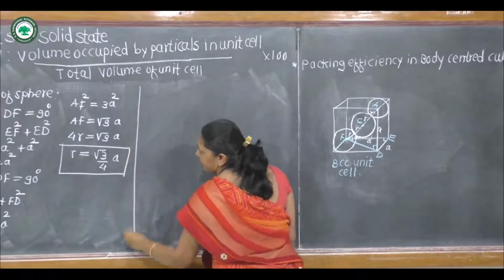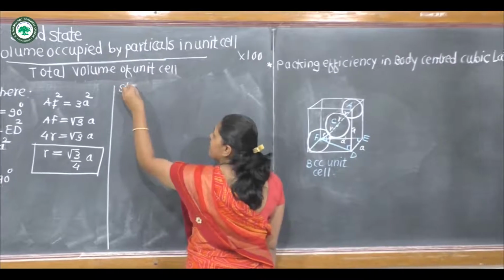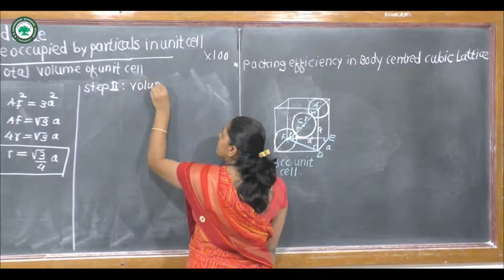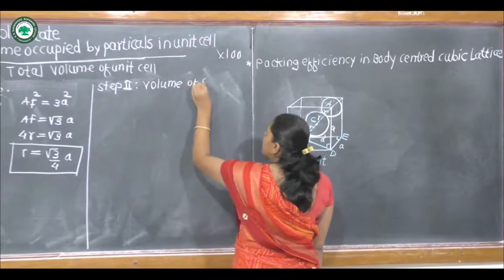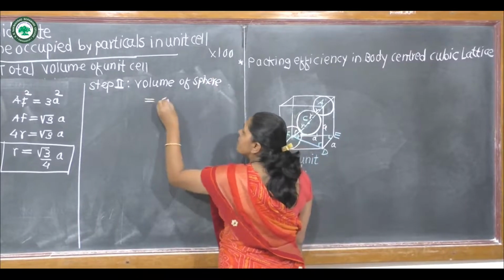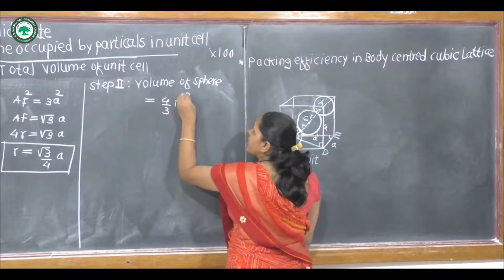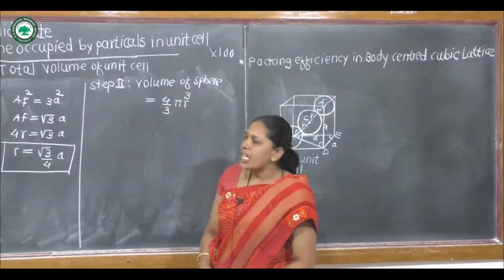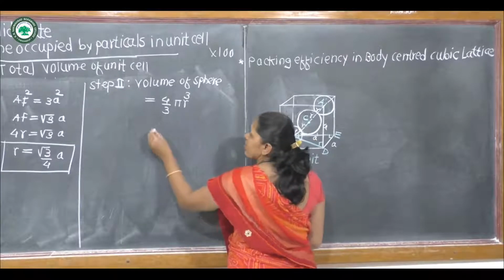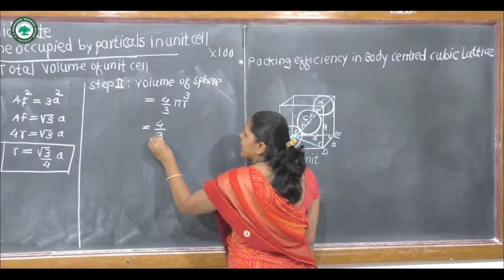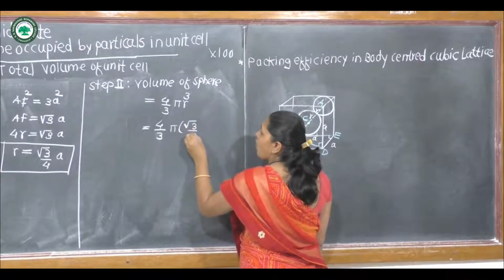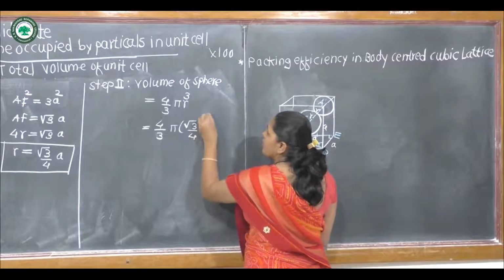This is the first step. Then step second, volume of sphere. We know that volume of sphere is equal to 4 by 3 pi r cube. By substituting the value of r, root 3 by 4 into a, we get 4 by 3 pi into root 3 upon 4 into a, whole cube.